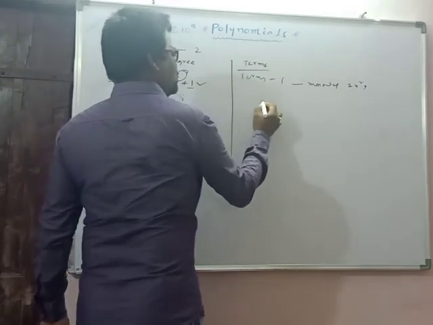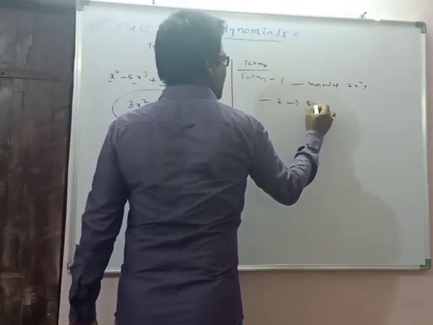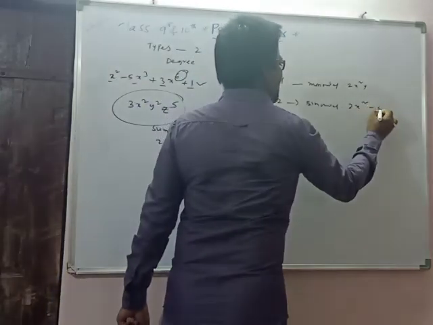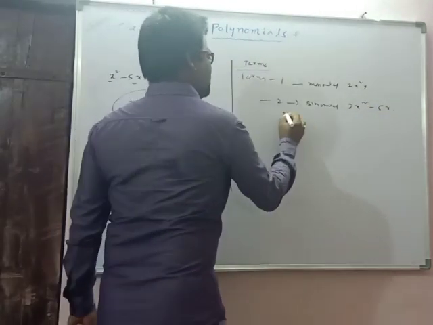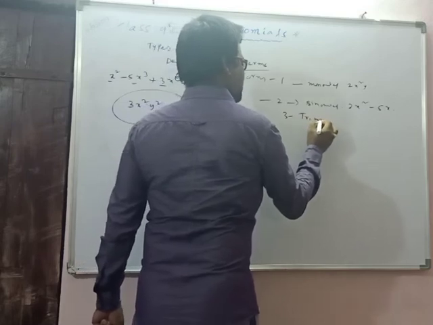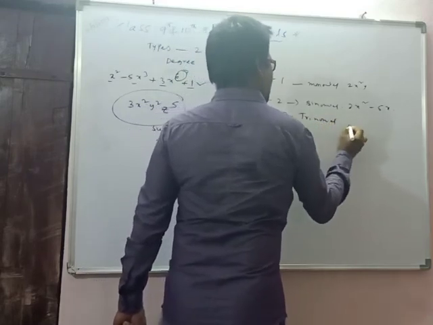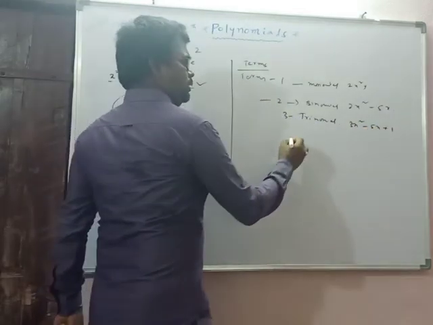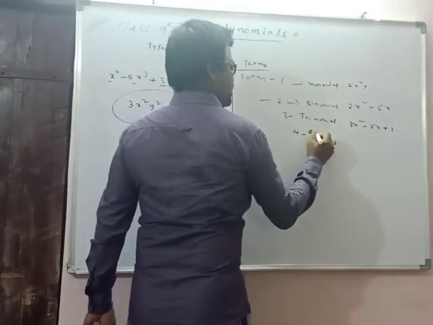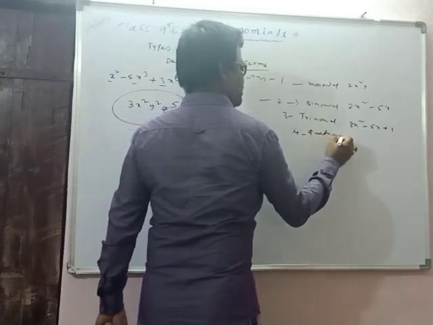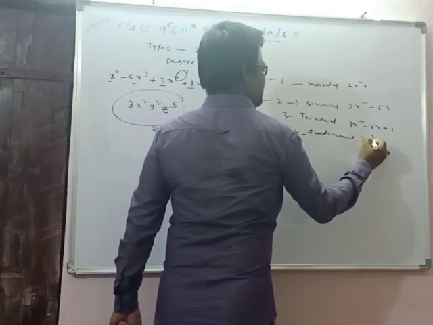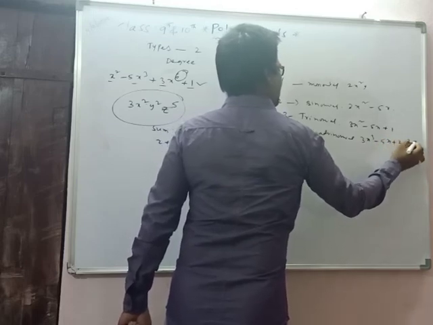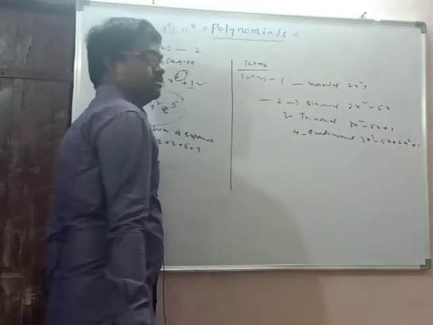Next, if there are 2 terms, that is a binomial, nothing but 2x square minus 5x. 3 terms means trinomial, 3x square minus 5x plus 1. 4 terms means quadrinomial, means 3x cube minus 5x plus 1, whatever, 2x square plus 1.